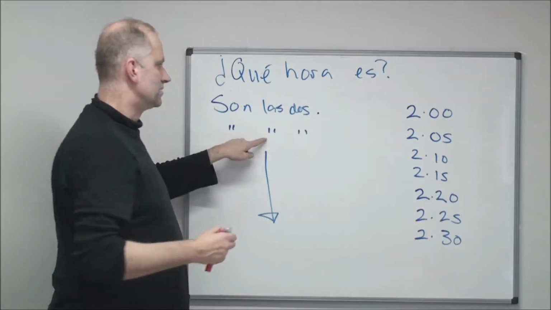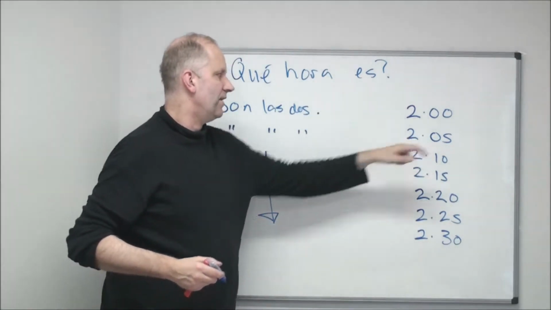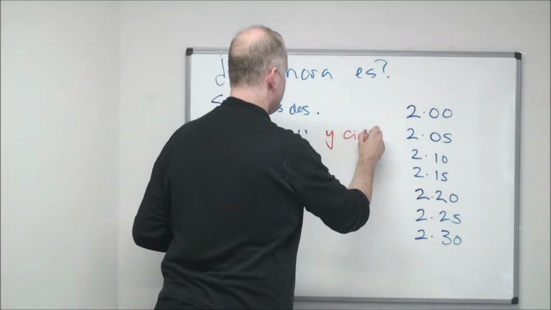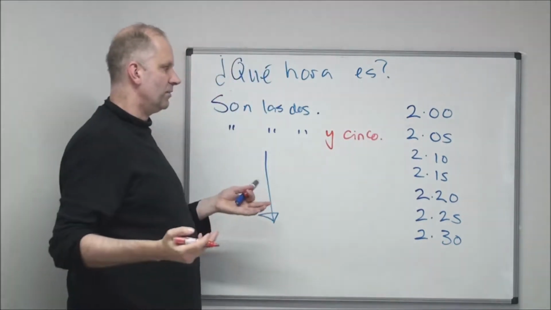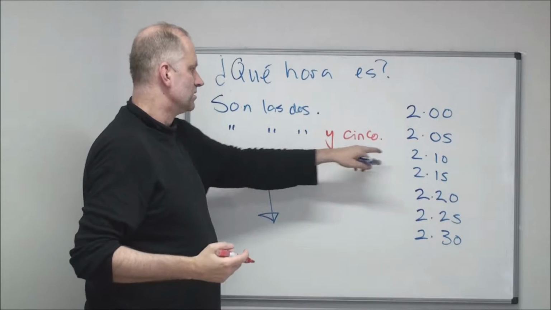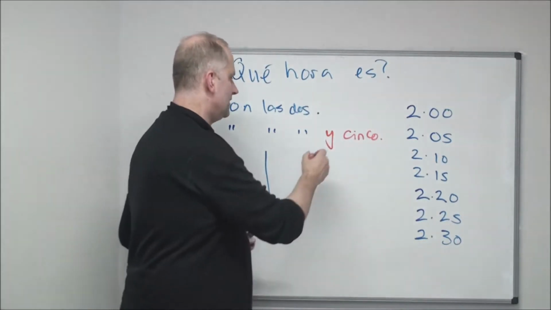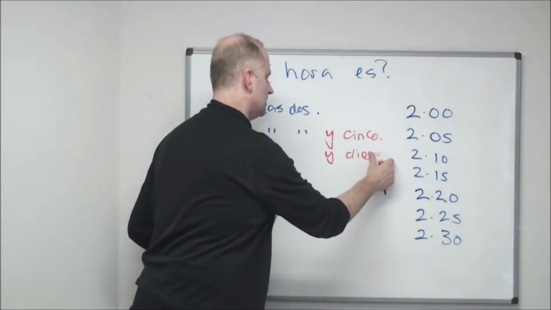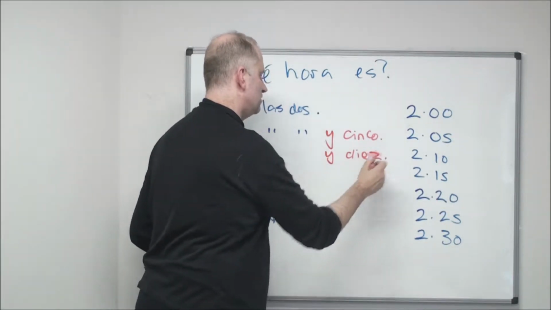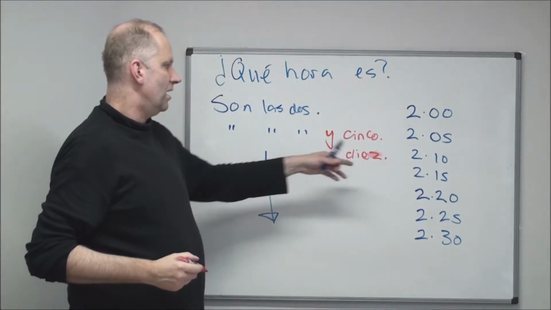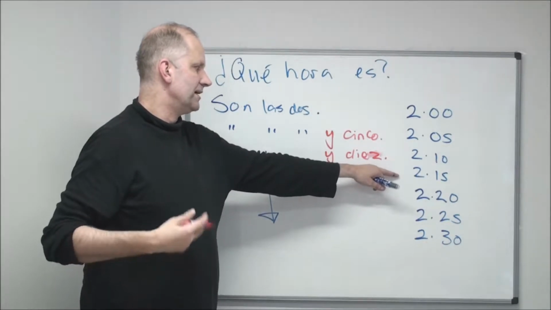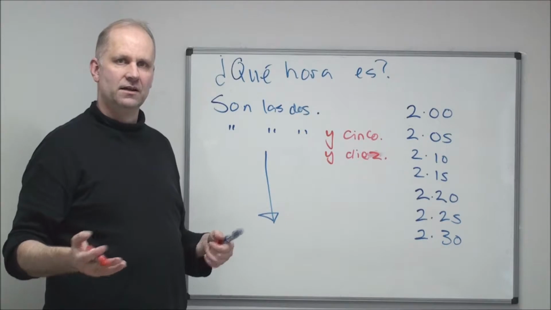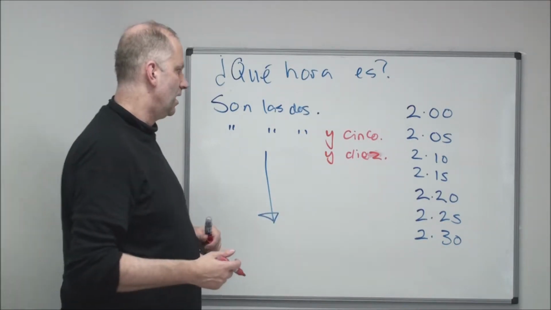Here it's 2 o'clock and 5, so son las dos y cinco. Carrying on with that, this will be son las dos y diez. When you get to 2:15, you can do like we do. You can say either 2:15 or a quarter past.